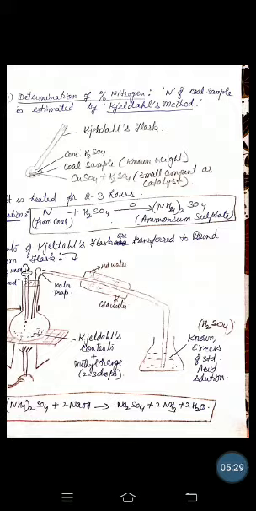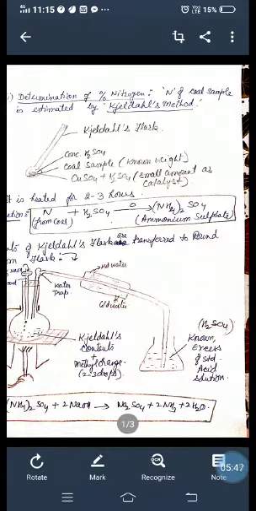Excess means apart from the requirement, we have taken some extra quantity. Standard means we know the normality of this acid solution. So again I repeat, we know the normality of this H2SO4 solution, we know its volume, and the volume is kept in excess.